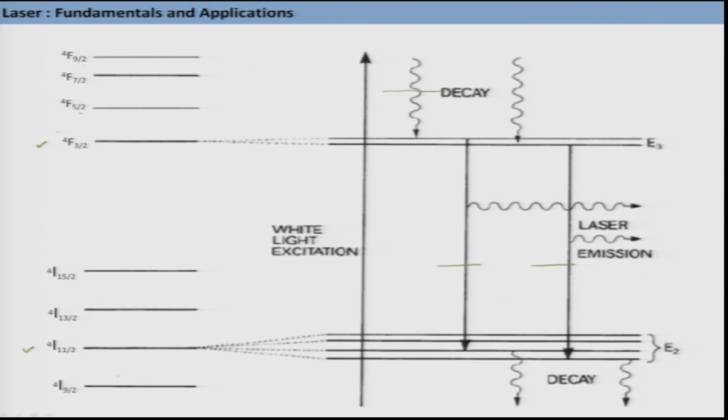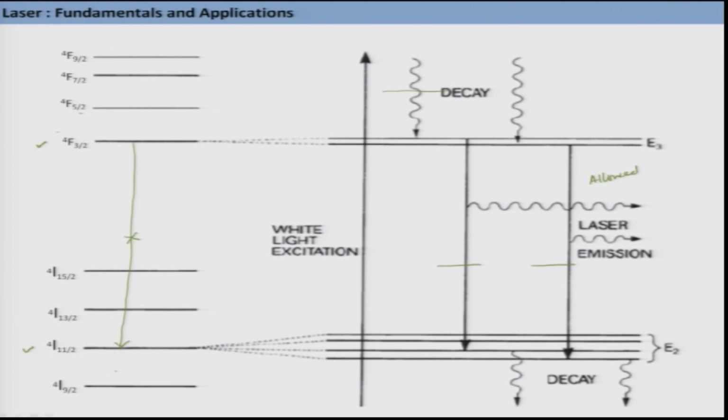Now earlier this transition was forbidden. Now this transition is allowed. Okay, or transition to and from. So if you are considering any transition from, say, this state, that is 4F3/2 to 4I11/2, this is the one which was earlier forbidden. Now once degeneracy is lifted, this becomes allowed. So these are now allowed.